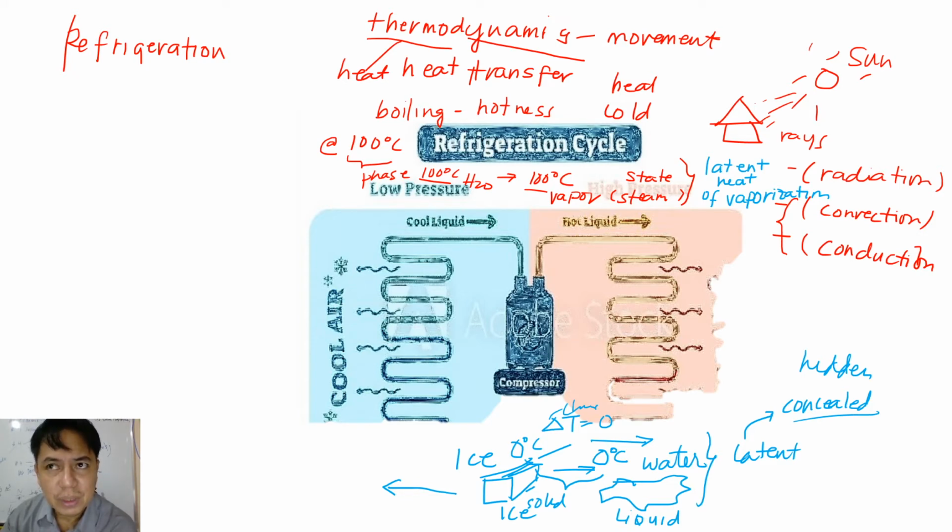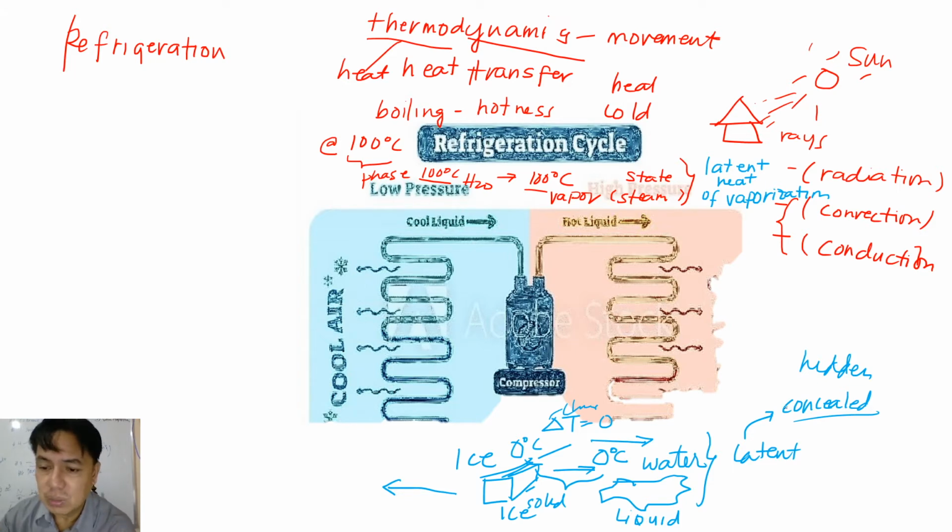Now, if you put a temperature recording machine, meaning a thermometer, you cannot see the change in temperature, because there's no change in temperature, but something is happening, and that is a change in phase or form or state.